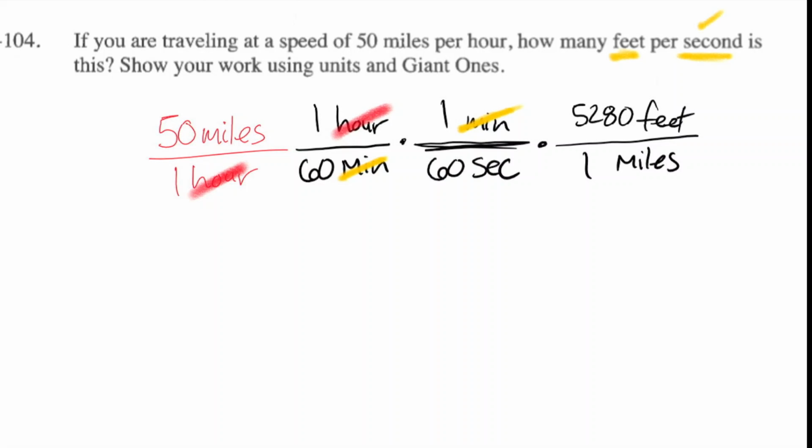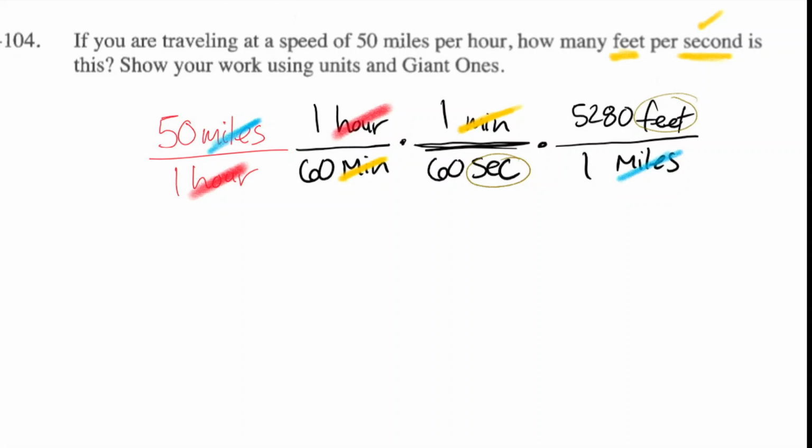Now, we've talked about this particular fact often, but on a test, I don't expect you to have these memorized. I will have some useful giant 1s on the whiteboard that you can look at. But it is certainly true that 5,280 feet is the same distance as 1 mile. What's great is if I look now, finally the miles are gone, and the only thing I'm left with for my answer here is my units are feet per second.